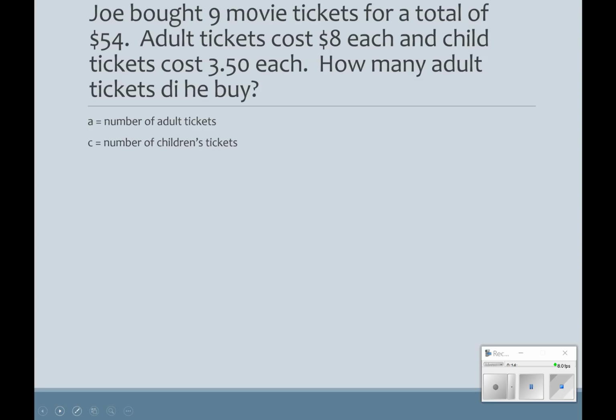Got movie tickets again. Joe has bought 9 tickets for $54. Okay, and adult tickets cost $8, and each child ticket costs $3.50. So we're going to have an equation for the number of tickets, and we're going to have an equation for the cost of the tickets.